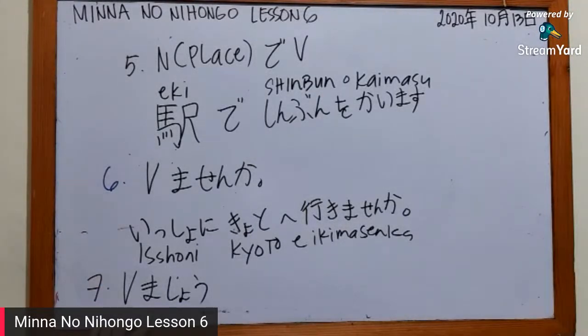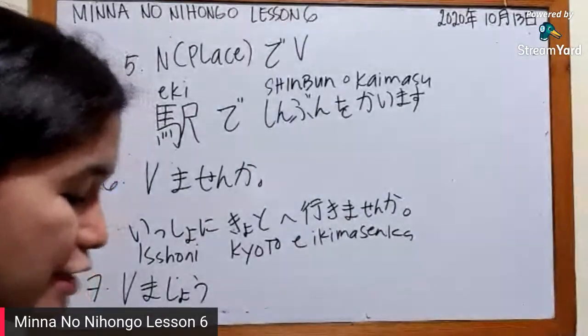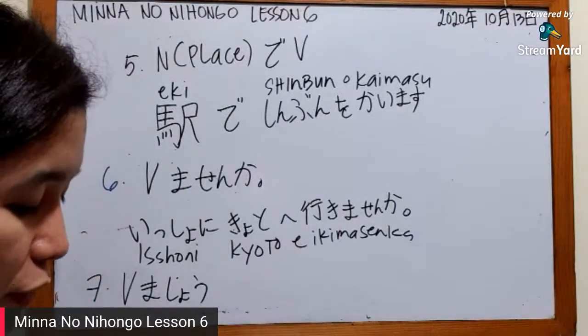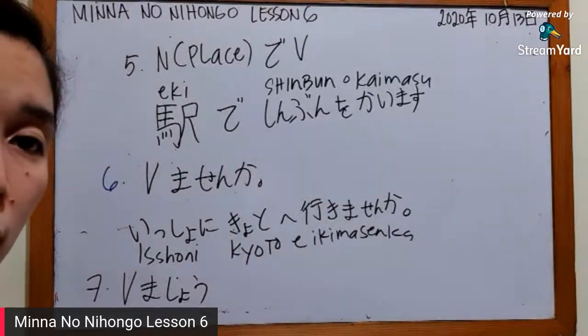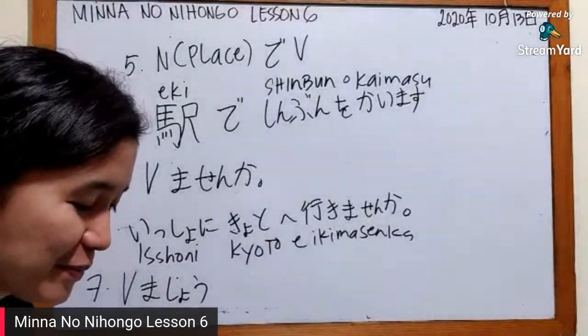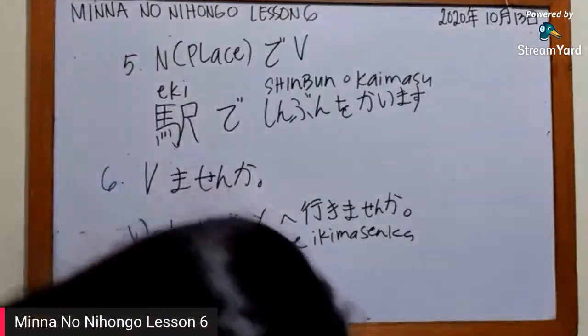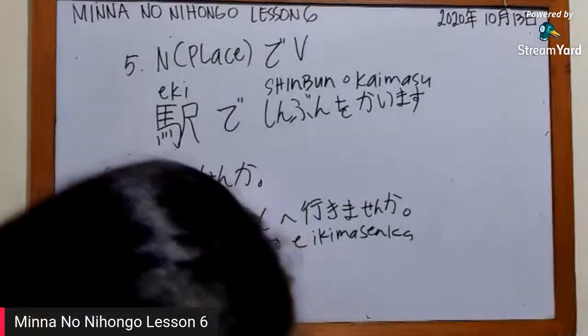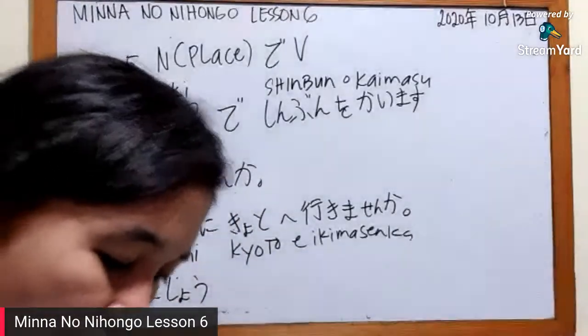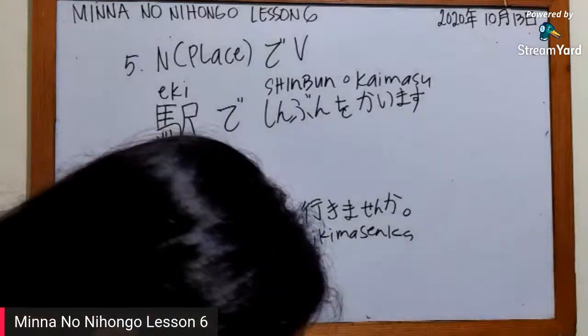Parang, tara, kain tayo. So it denotes positively inviting the listener to do something with the speaker. For example, yasumimasho, let's have a break and have a Kit Kat. Issho ni gohan o tabemasho. Owarimasho. Mada desu ne. Ato owarimasho.